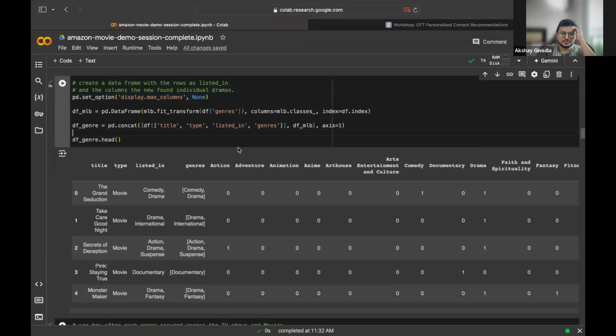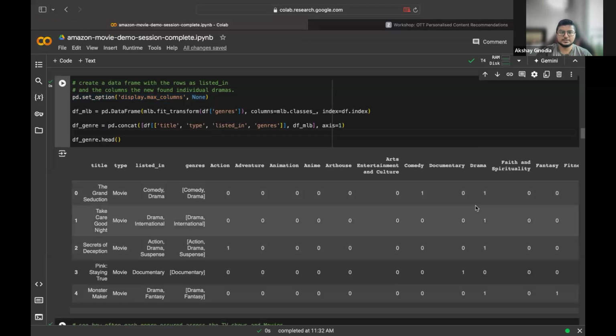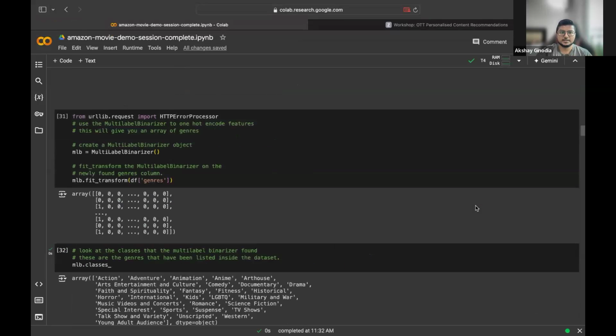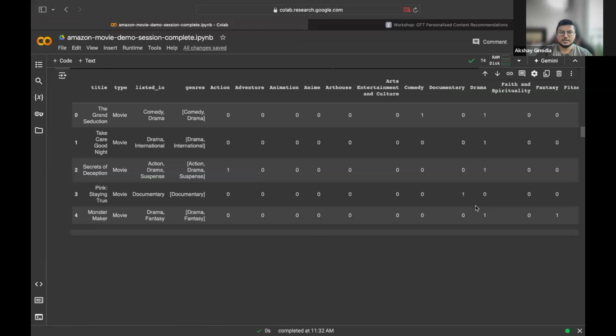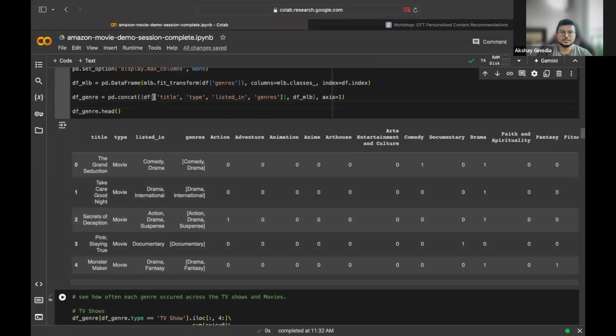And then what we do is we get all the columns we just created using the multi-level binarizer. And then we join it to our data frame with some other columns. So we are getting the data frame with these columns only: title, type, listed in, and genres. And then we are doing a concat operation, right? This comes from the pandas function.